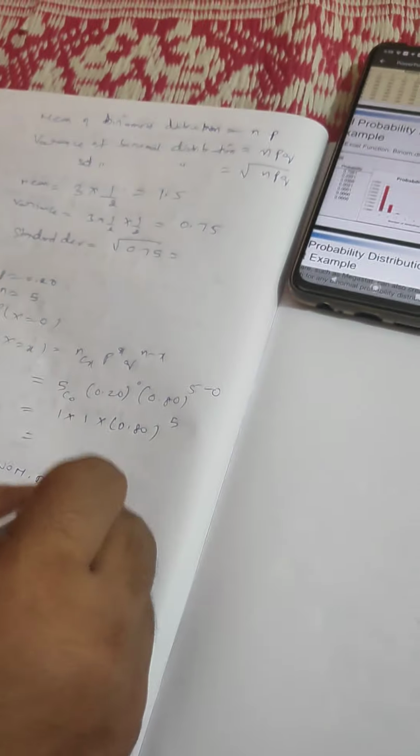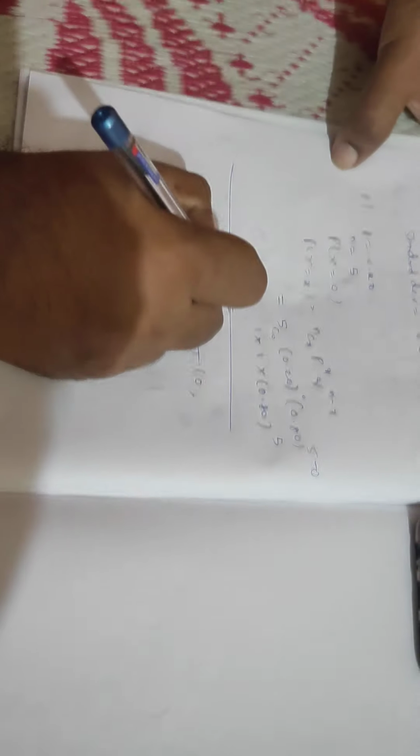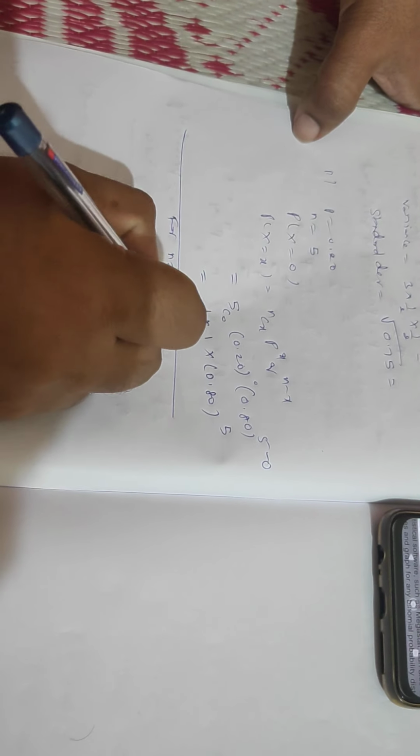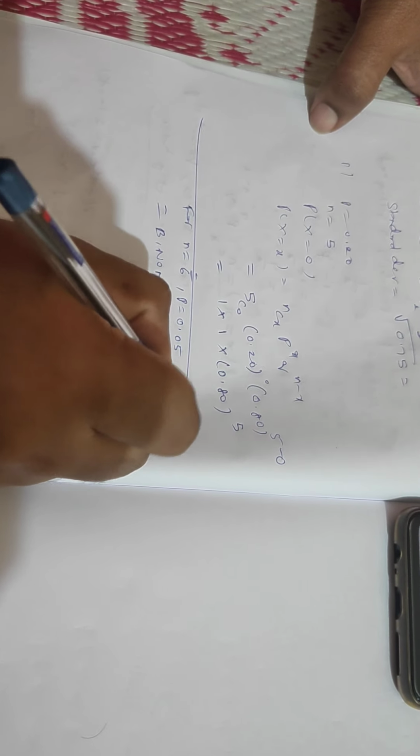Okay, and we have to find the x value. The x value for this, here it is 0, and next come the n values. For n is equal to 6, p is equal to 0.05, and x is equal to 0.